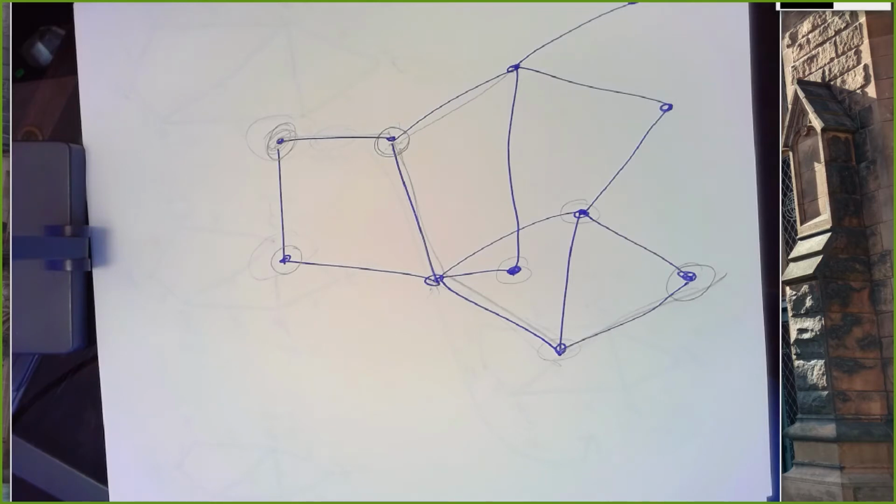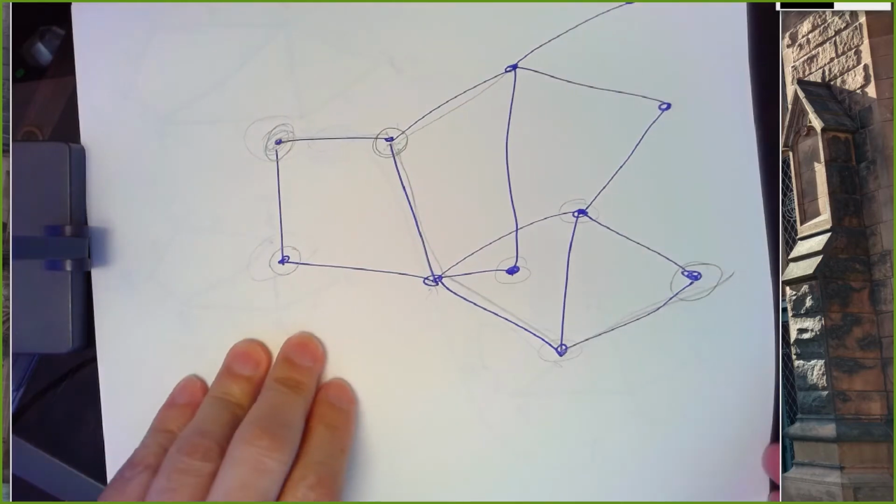So there's lots of algorithms in graph theory, and that's also something you would study in an algorithms course. You can talk about things like spanning trees and stuff like that.